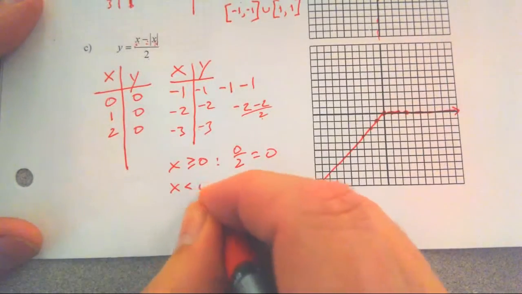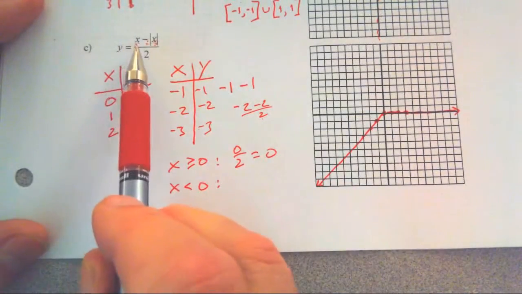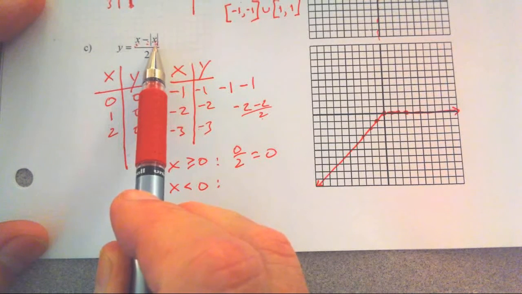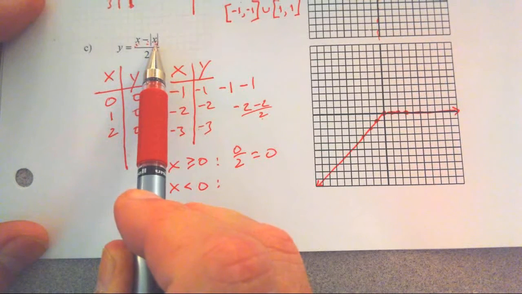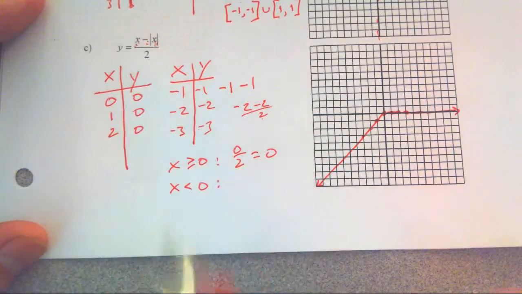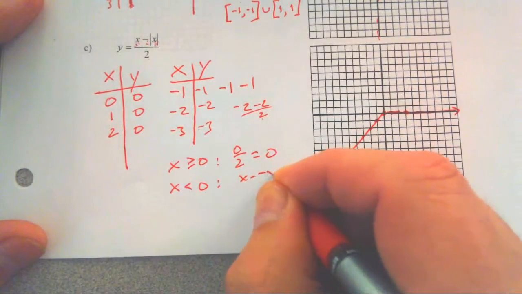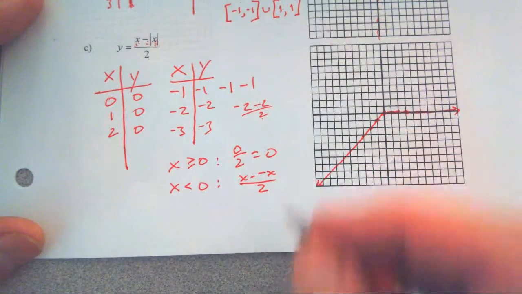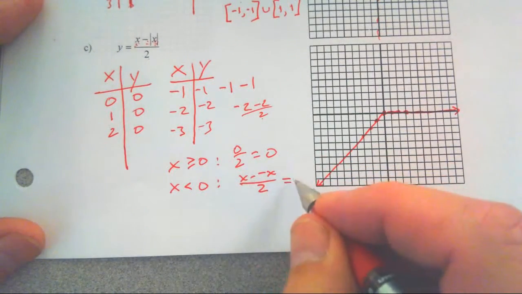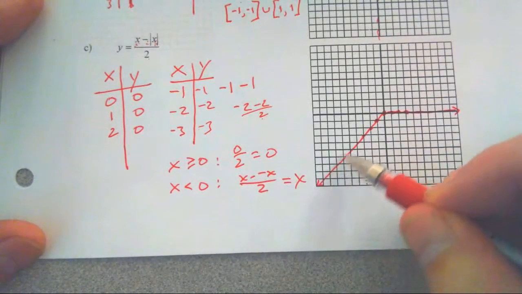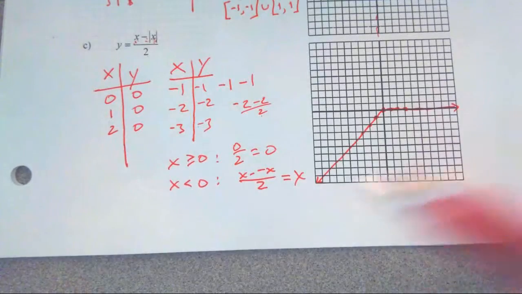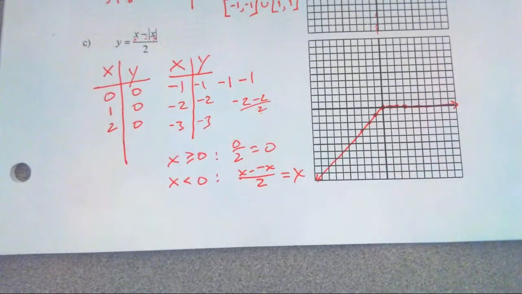If x is less than 0, though, if x is a negative number, follow this, x comes out as the opposite of x. Right? If x is a negative number, x comes out as the opposite of x, and I get x minus the opposite of x on 2, which is 2x on 2, which is just x. Look at my line. Isn't that the line x? Okay? So if we treat it like a piecewise, oh yeah, that makes sense.